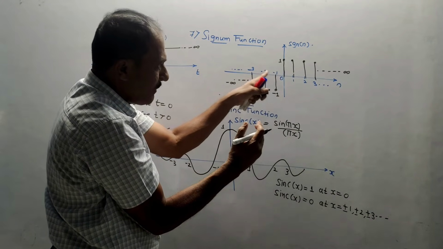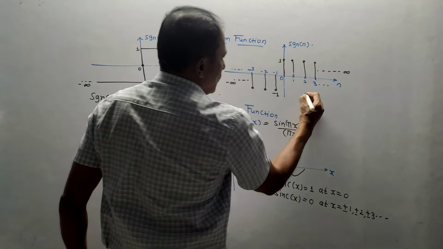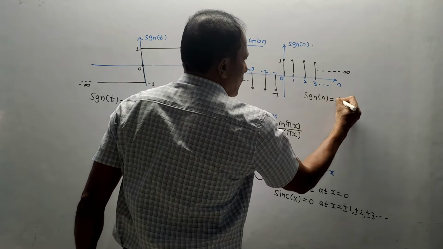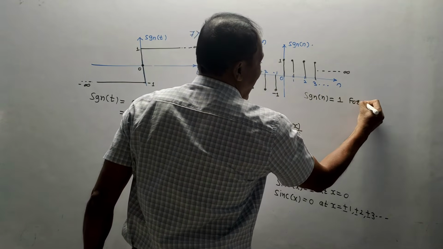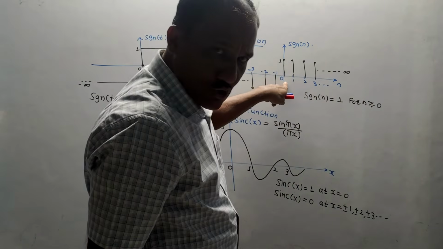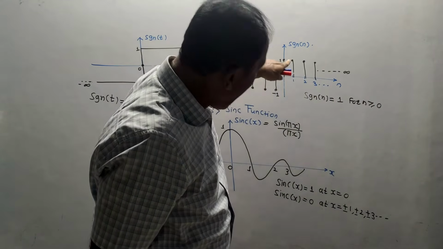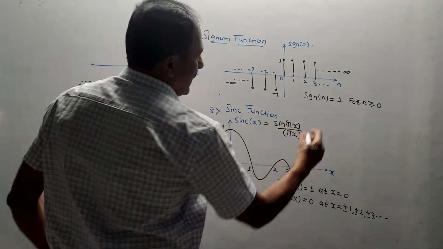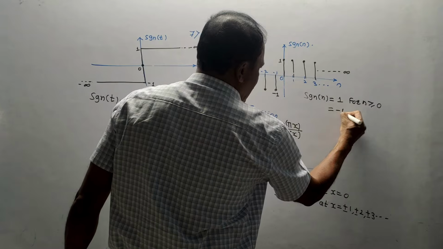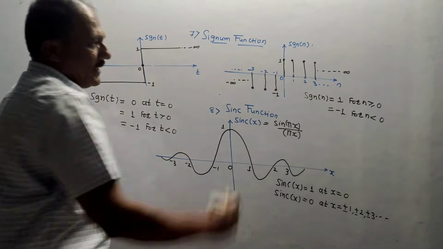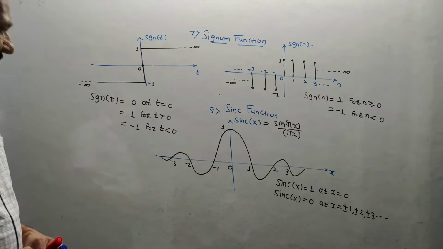It starts from -1, -2, -3 and so on. So mathematically this can be written as Sgn of n equals 1 for n greater than or equal to 0, because at n equals 0 also its amplitude is 1, and onwards for n greater than 0 again its amplitude is 1, and the second amplitude, that is -1, for n less than 0, because for n less than 0 its amplitude is -1.